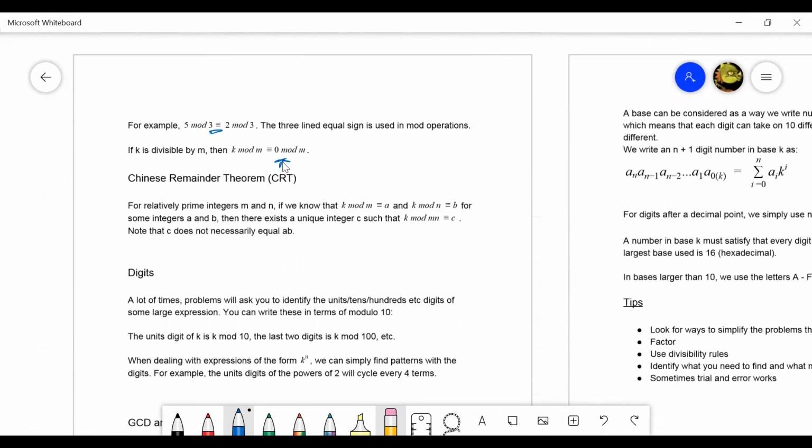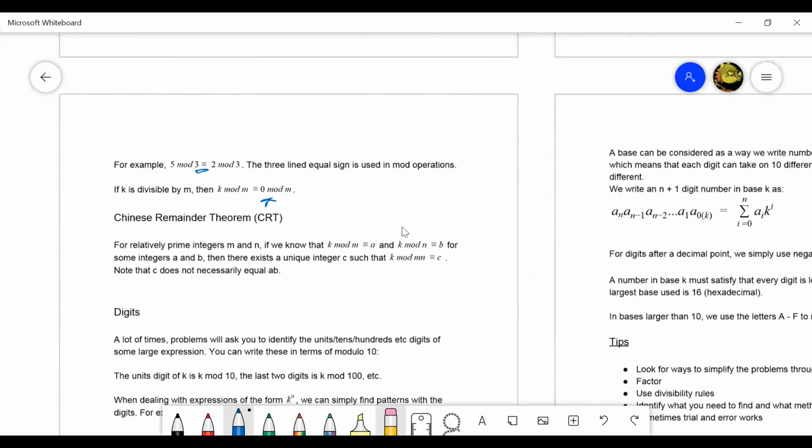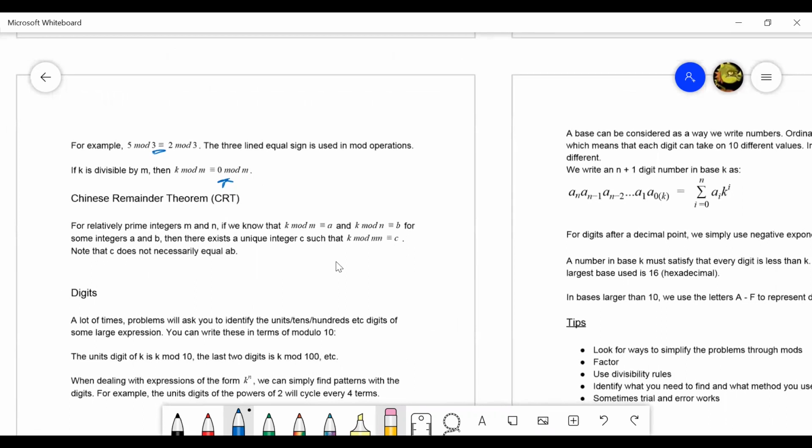The next, I think the most critical theorem in modulo is the Chinese remainder theorem. It says that for relatively prime integers m and n, and this relatively prime point is very important, if we know that some number k mod m is equal to another number, and the same number mod n is equal to another number, then there is a unique number such that k mod m times n is equal to this number c.